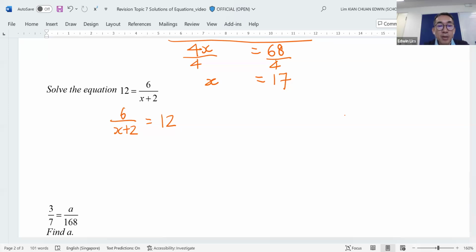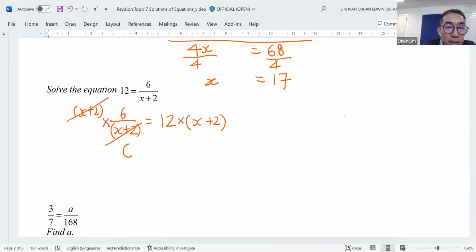Next step, I have to remove the fraction. To remove the fraction, we always multiply by the denominator. The denominator right now is x plus 2. So I multiply by x plus 2. Since left hand side is multiplied by x plus 2, right hand side, I will also times x plus 2.